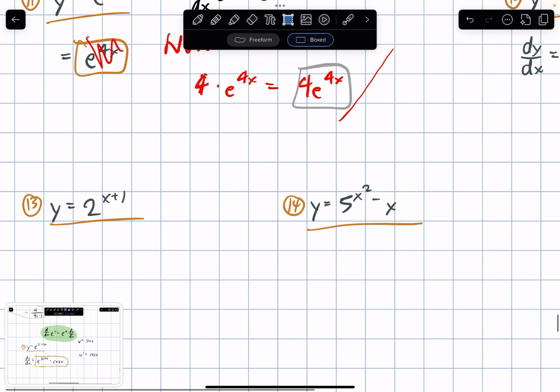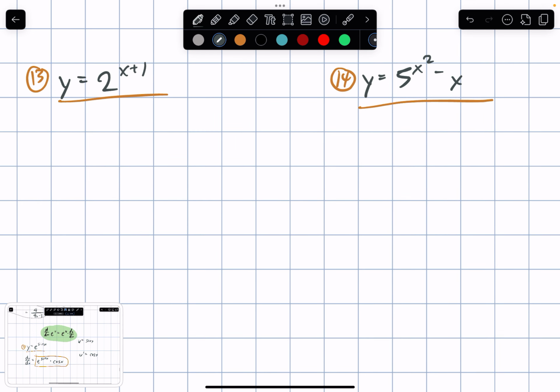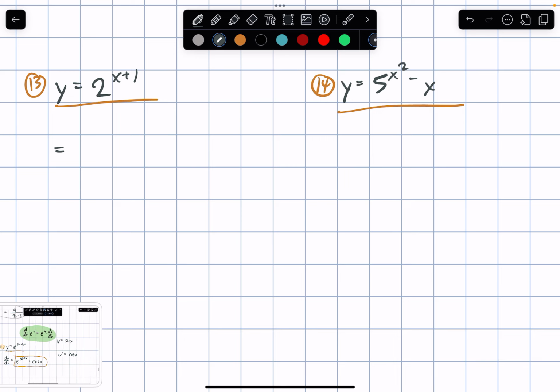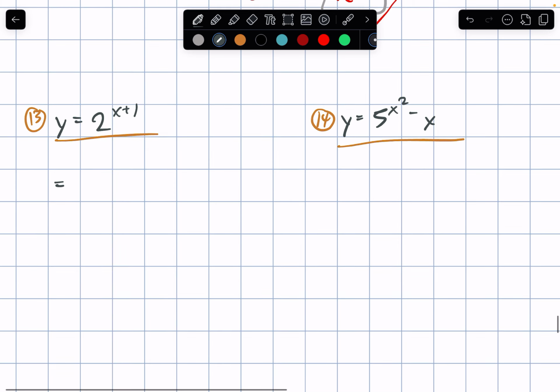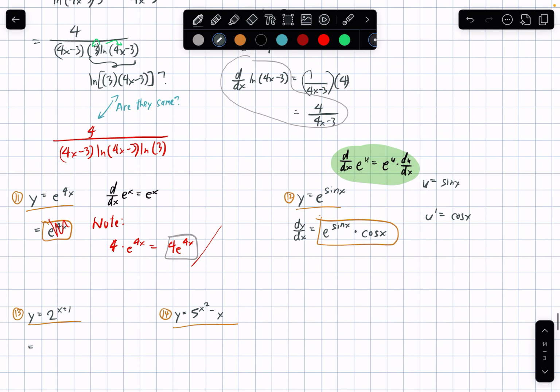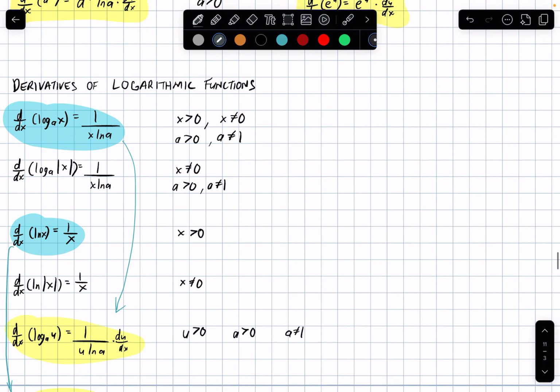I'll screenshot this. I like this question. It's fast. And you know what to do? It's gonna be easy. Okay. Sorry, what are we gonna do here? Bruh. Let's consult the formulas.